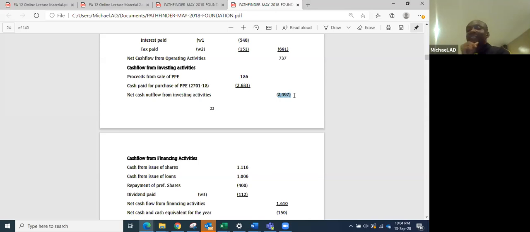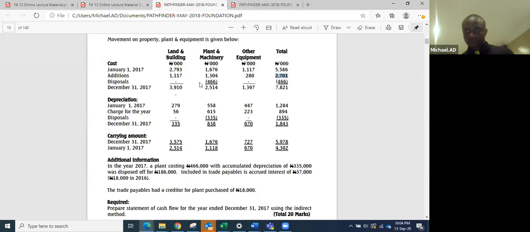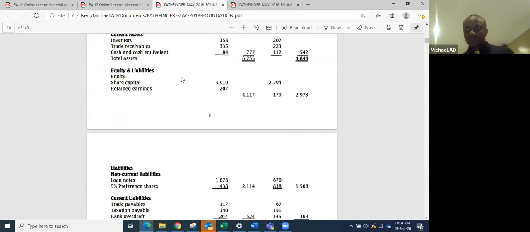Now, when you issue shares from financial activity, it means that you are selling off shares. When you issue something, it means that you are selling. When you pay, it means that you are giving, your money is going out. When you issue, it means you are selling and money is coming in. So the question says that here's our equity again.